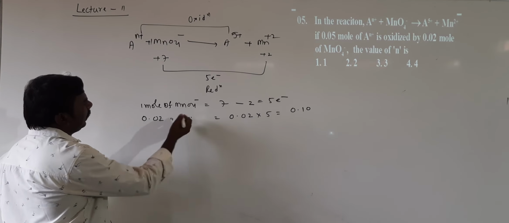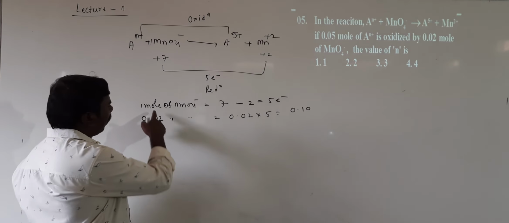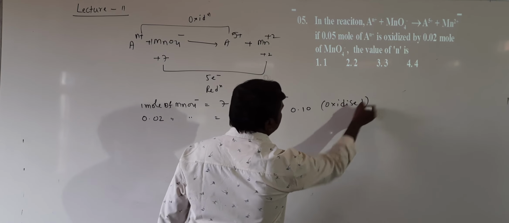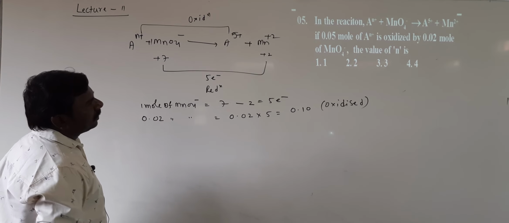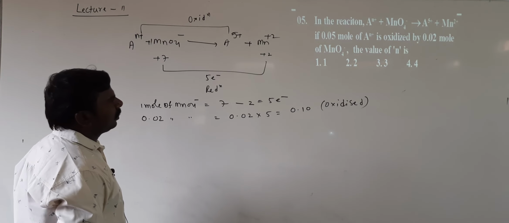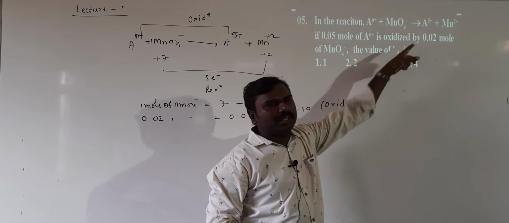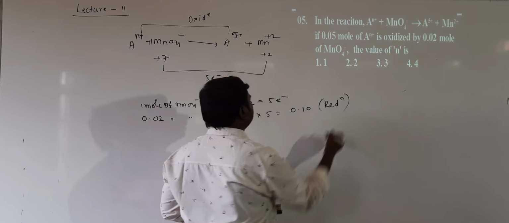Now, A n+ is oxidized by 0.02 moles of MnO4 minus. MnO4 minus is the reduction moles.